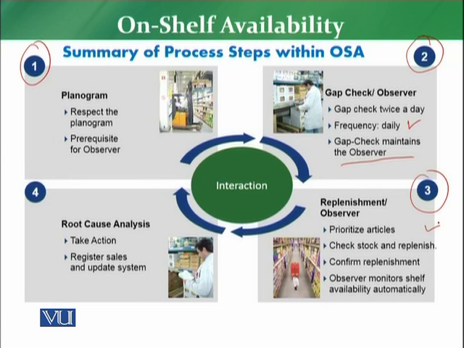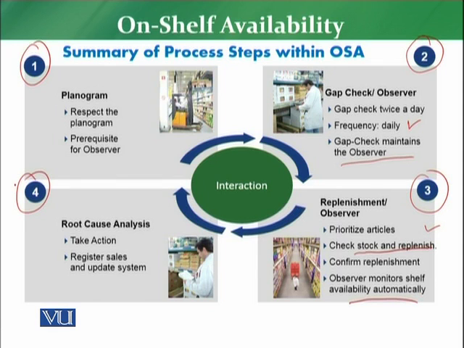All these should be prioritized articles and should be replenished as per the priority. Then you have to check the stock and confirm the replenishment, and then use Observer to monitor shelf availability automatically. Observer will guide you about the availability of that particular product on the shelf.